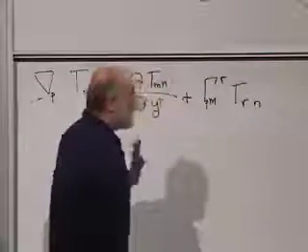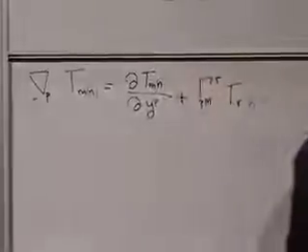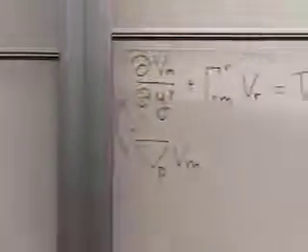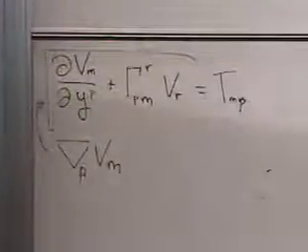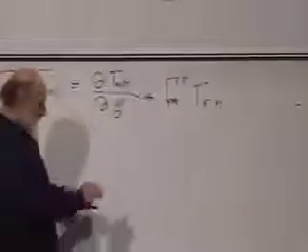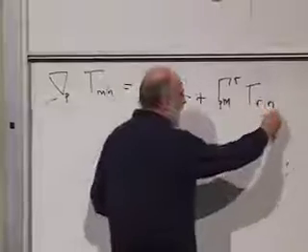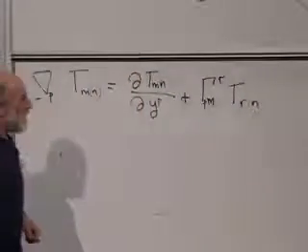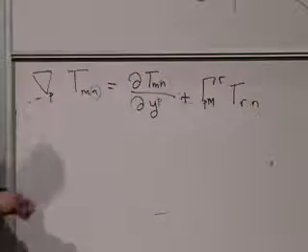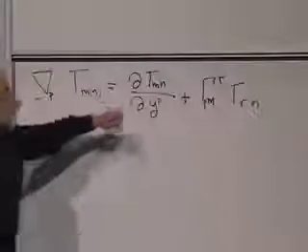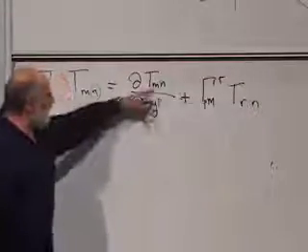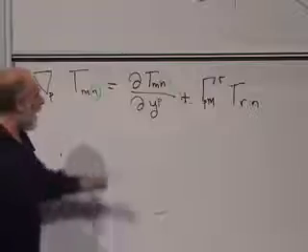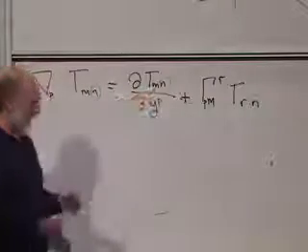Look at what I've done. I've done exactly what I did over here, except with an extra index here, just riding along, just traveling along for the ride, doing nothing. But that's not the whole story. The rest of the story is to add another term in which you turn a blind eye to the index m.